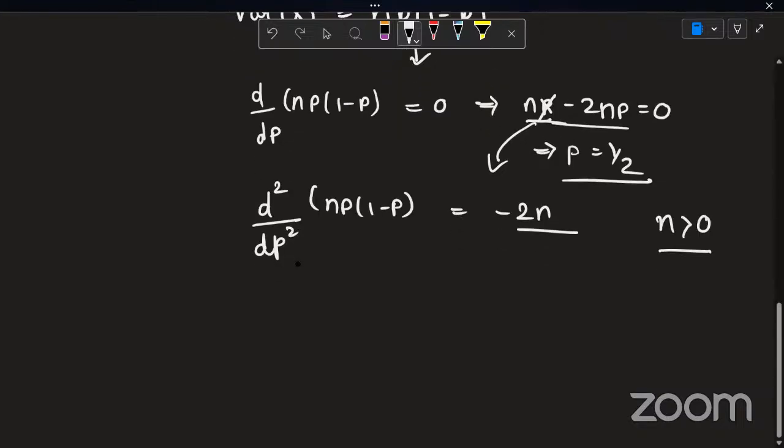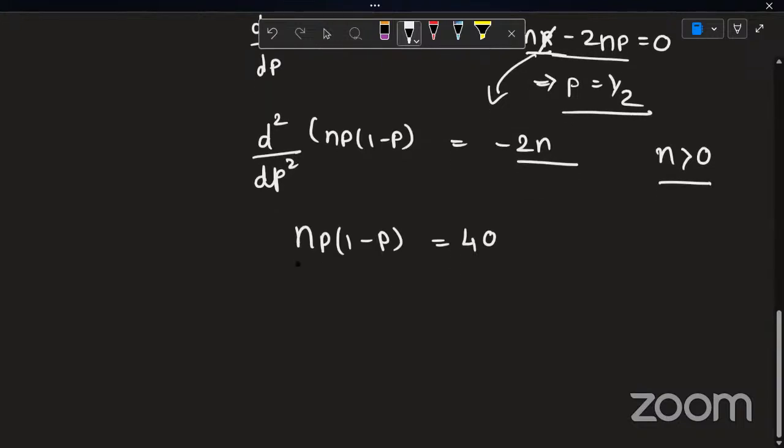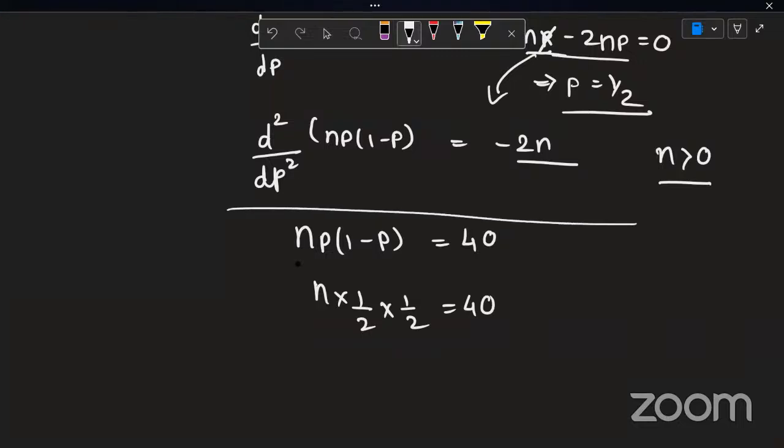Right. And we know that maximum variance is given as 40. Now we just have to put p is equal to 1 by 2. So it will be n into 1 by 2 into 1 minus p, which will also be 1 by 2, right?